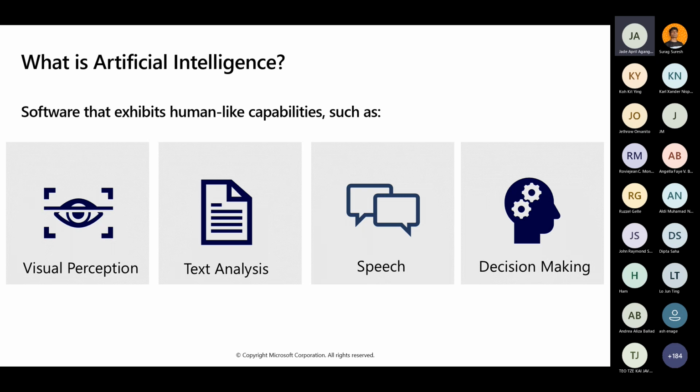AI is software that exhibits human-like capabilities. Of course, it's us humans who are doing the training. It can have visual perception, it can do text analysis, it can do speech, and of course, it can do decision making. But all of this is done by us human beings. We train the model. That's why AI can do this stuff.